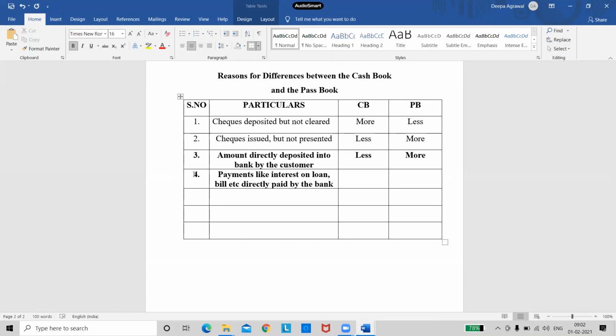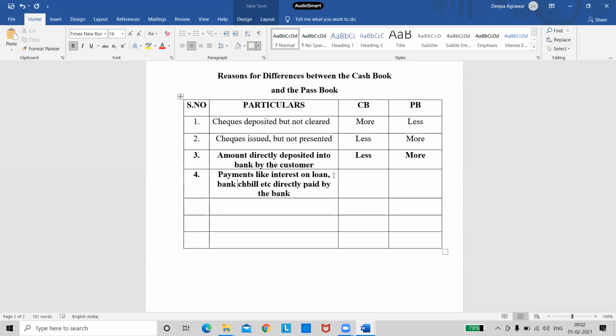Now see this transaction, it says payments like interest on loan, any other bills. It might be an electricity bill, it might be any other, or we can also write bank charges, bills, etc. directly paid by the bank.